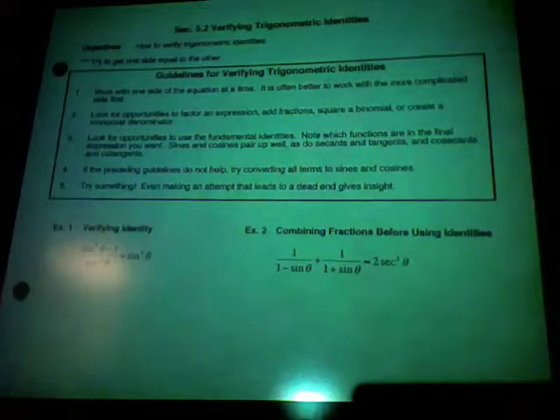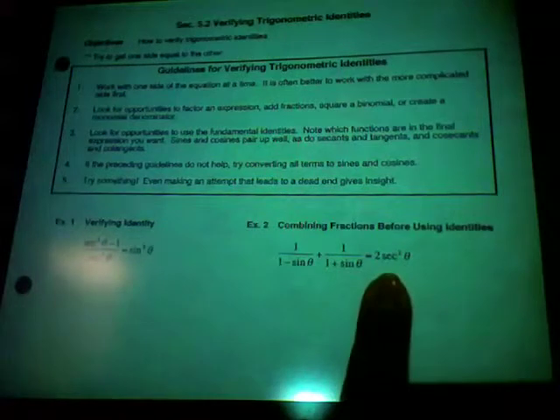The third guideline, look for an opportunity to use the fundamental identities. That's the identities that I gave you on that whole front sheet of 5-1. So we're always trying anything that's squared. Your ears should be perking up for that. And so, oh, I'm trying to get that squared. Because we have a lot of identities where we can swap out things that are squared. Note which functions are in the final expression that you want. So like here, I'm looking for sines, looking for secants.